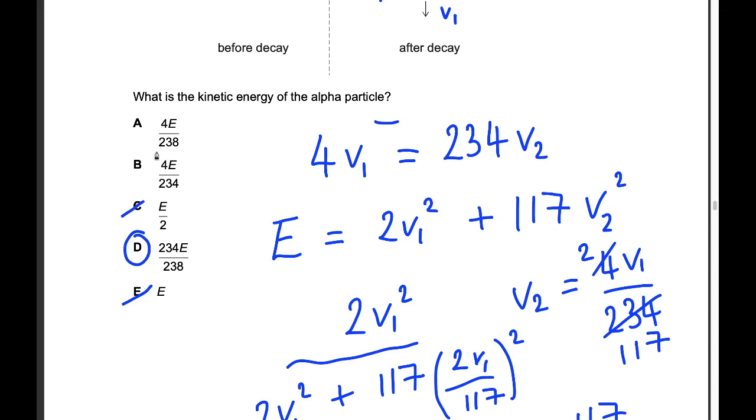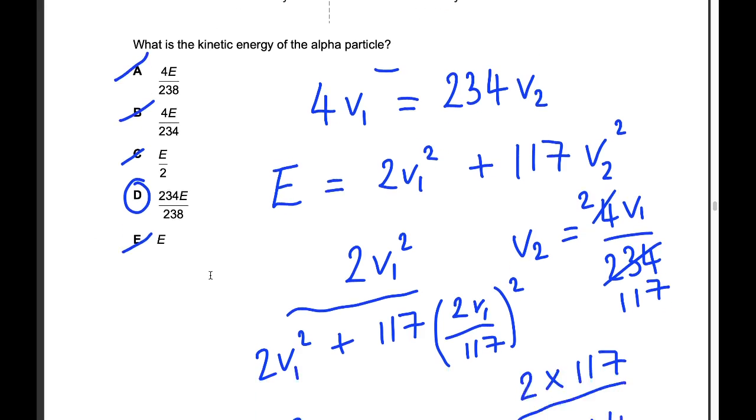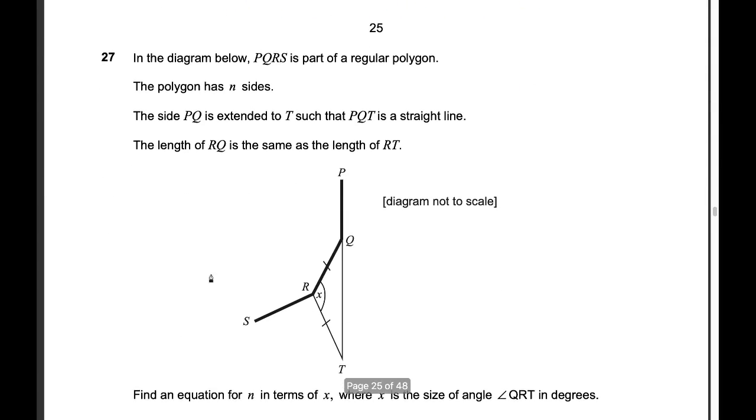And if you think about it, in this half mv squared equation, the velocity is squared. So the velocity matters a great deal more in kinetic energy than the mass does usually. So it's going to be quite a high proportion of this energy that is given to the alpha particle. Alpha has a lot of energy, so you could probably rule out A and B on those fronts and just go straight to D, but you're taking some risks there, so working it out is always the best solution.